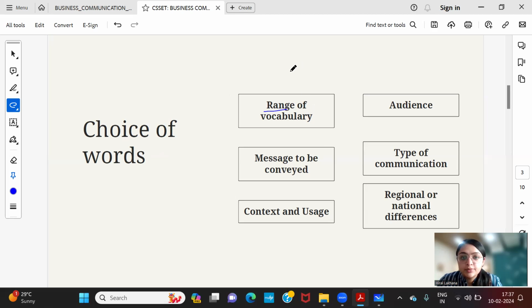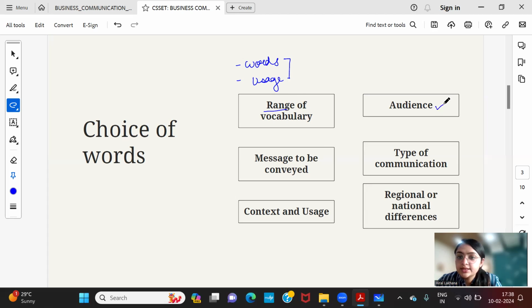Range of vocabulary basically means to what extent you are aware of the words that are there in the language, and to what extent you are aware of the right usage. So you need to be aware of the words and of the usage of the word. This will determine your range of vocabulary, and this will influence the choice of words that you use in any given communication.